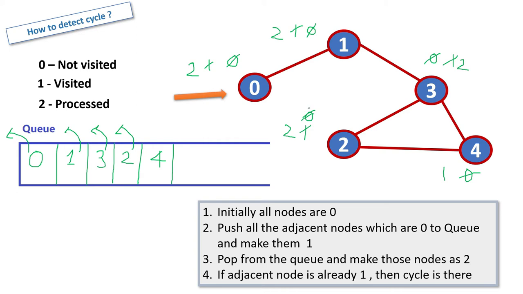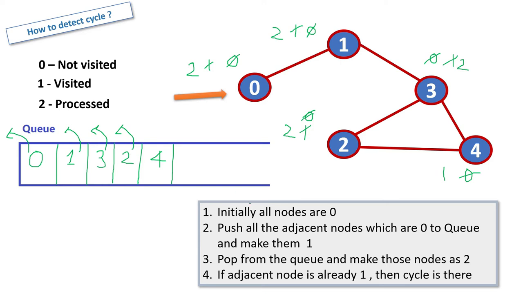If it is 0, only then we insert it in the queue. So for 2, I have two adjacent nodes, one is 3 and one is 4. But 3 is already processed and 4 is visited. So here is the trick: if we find any adjacent node which is already visited, that means definitely a loop is there.